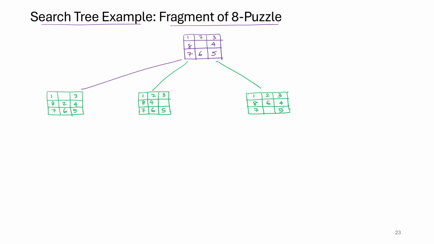Okay, this is the third, and then the last one is, what you can do is move the 8 to the right side. So, it is 1, 2, 3, 8, 4, 7, 6, 5. Okay. These are the 4 next states coming out of it, right.